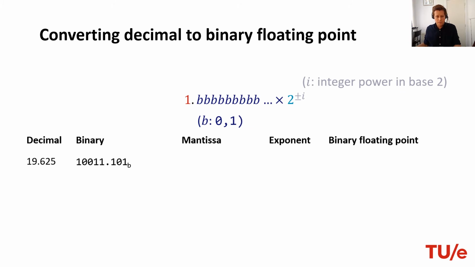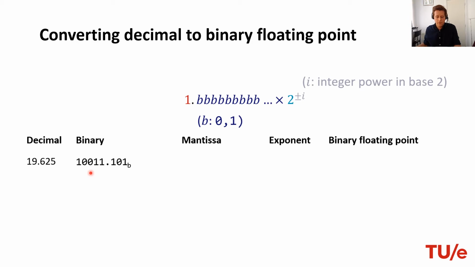Okay, so let's now convert some decimal numbers to binary floating point numbers. So we will look into the same numbers that we used before, where before we just simply converted decimal numbers into binary numbers.